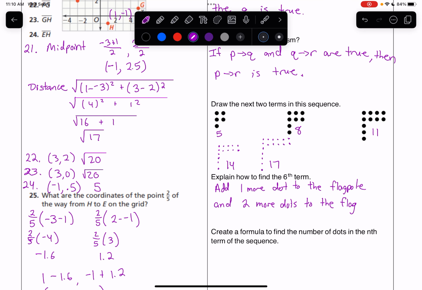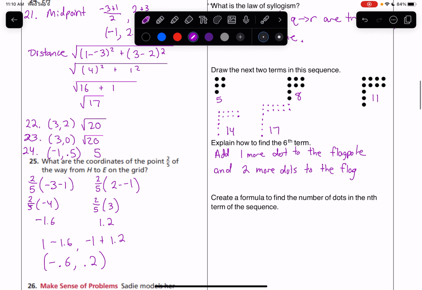All right. When we want to create a formula to find the number of dots in the nth term of the sequence, I'm noticing that I'm adding 3 each time, which makes this formula a linear function because it has a slope of 3. We're adding 3 every time. So we've got 3n, and then we say, well, how many more do we have?